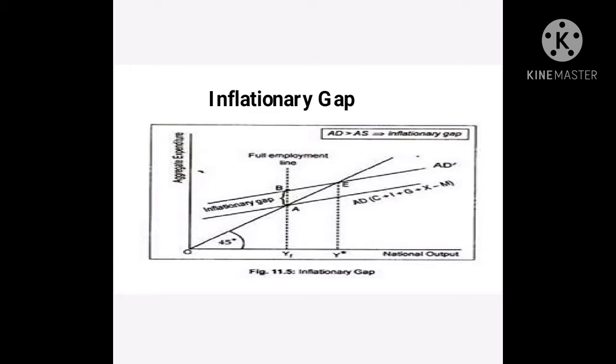Professor Kurihara defined inflationary gap as an excess of anticipated expenditure over available output at base prices. An inflationary gap arises when a government chooses to finance even its normal expenditure through monetary expansion in a time of full employment.